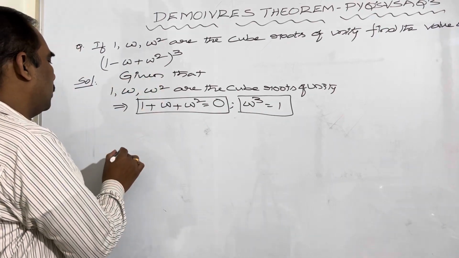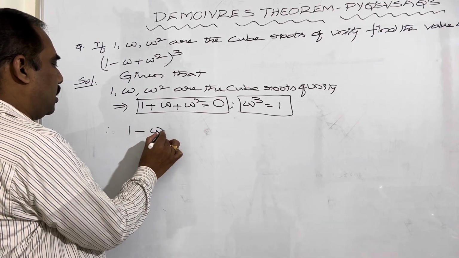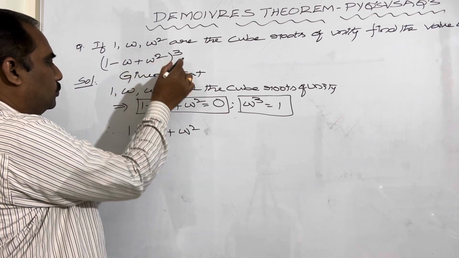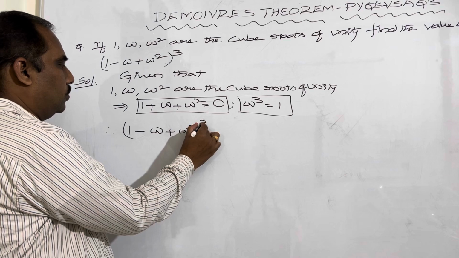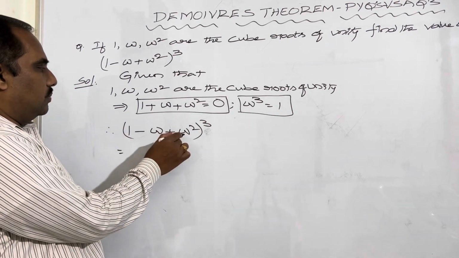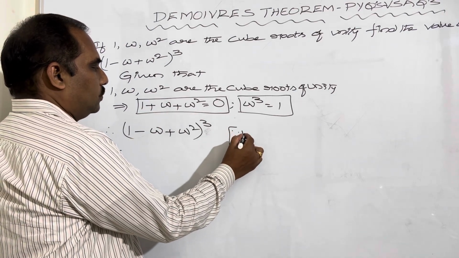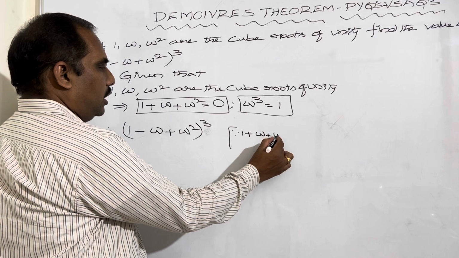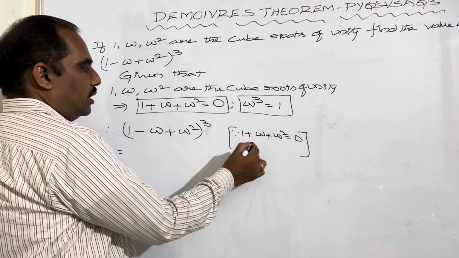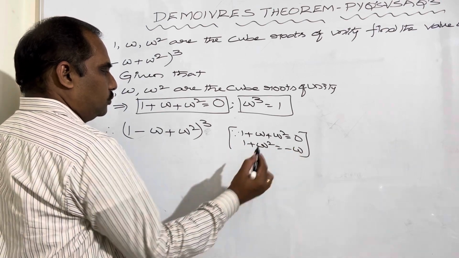But here we have to find the value of (1 minus omega plus omega square) whole cube. Consider that 1 plus omega plus omega square is equal to 0. From this we can write 1 plus omega square is equal to minus omega.